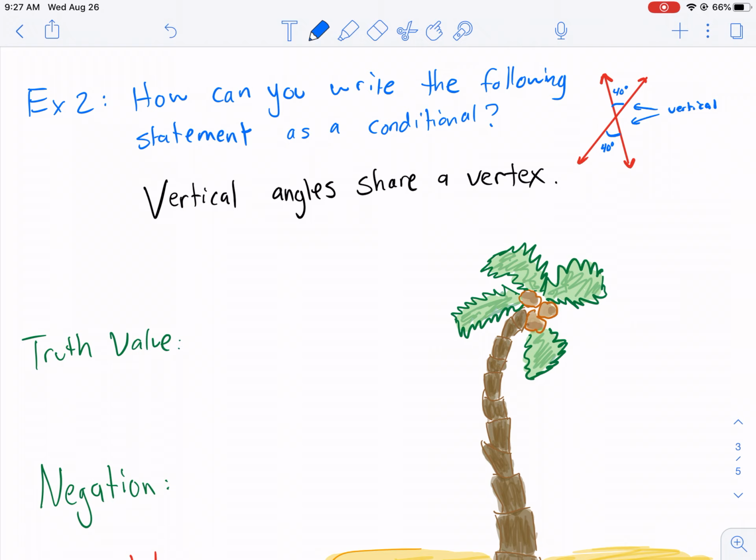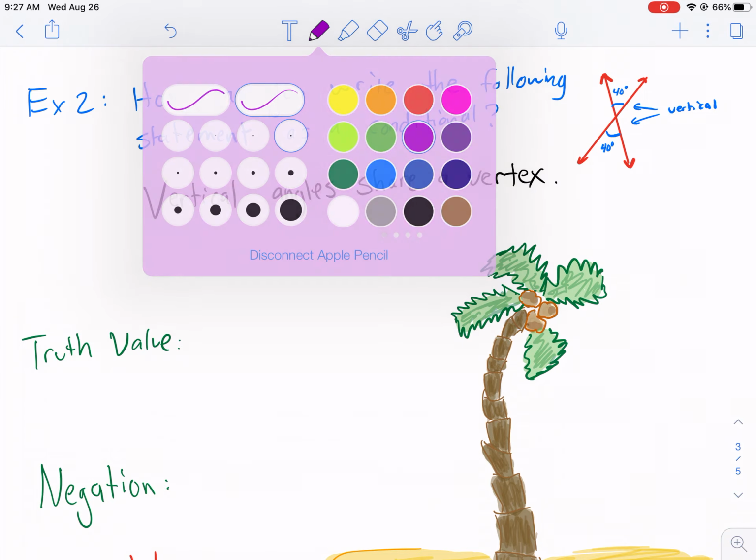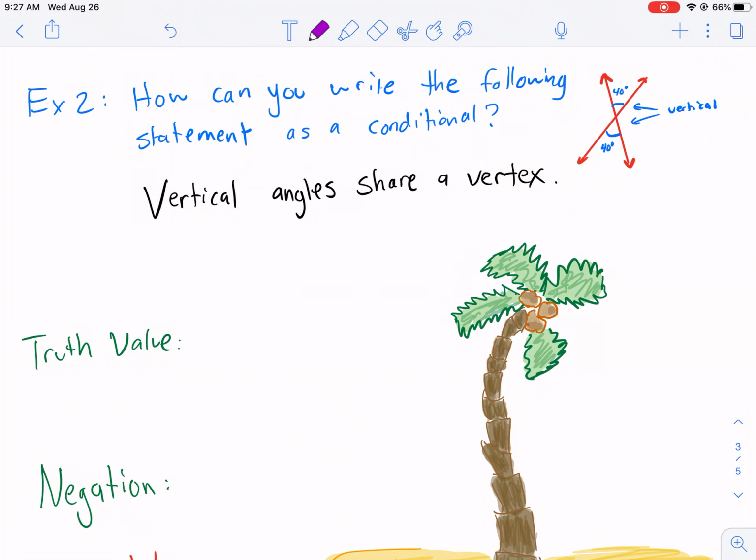Just to give you some reference if you didn't know what that meant. Now, vertical angles share a vertex. How do we write that as a conditional? Well, we know we need an if, and we know we need a then. So how do we do that? Well, if an angle is vertical, okay, so there's our hypothesis.